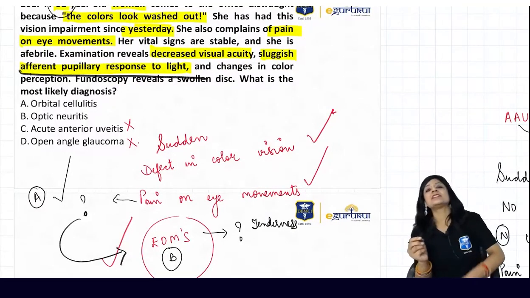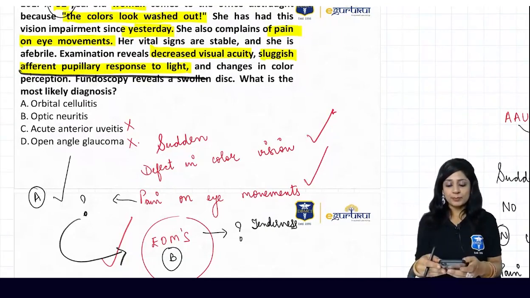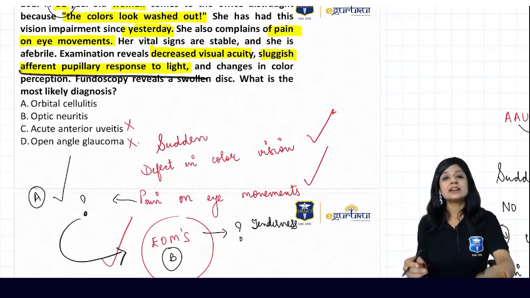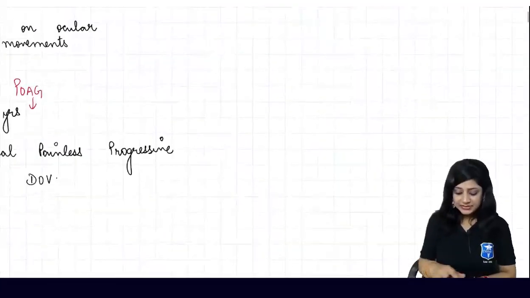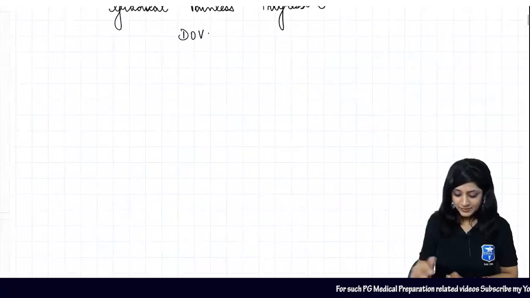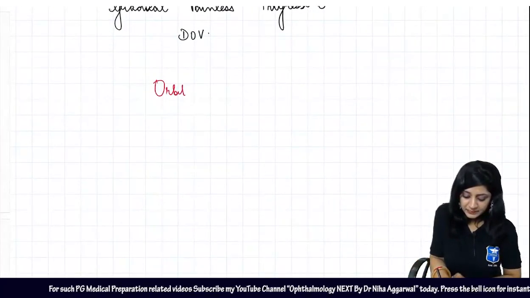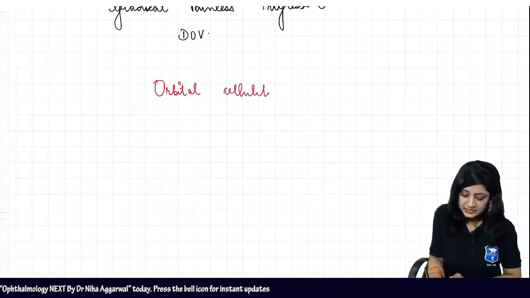What will be the presentation of orbital cellulitis? Are you getting this? How we will rule out the things? Then what will be the presentation that you will get in the orbital cellulitis?